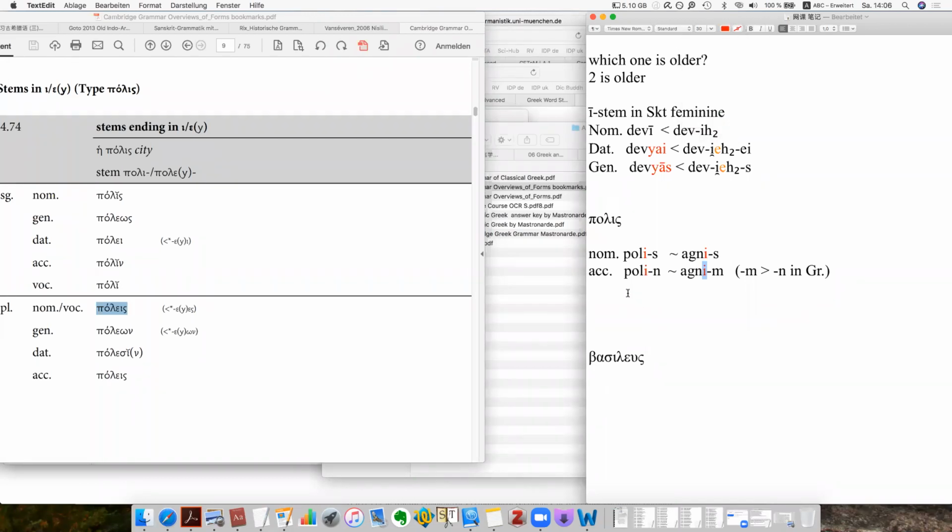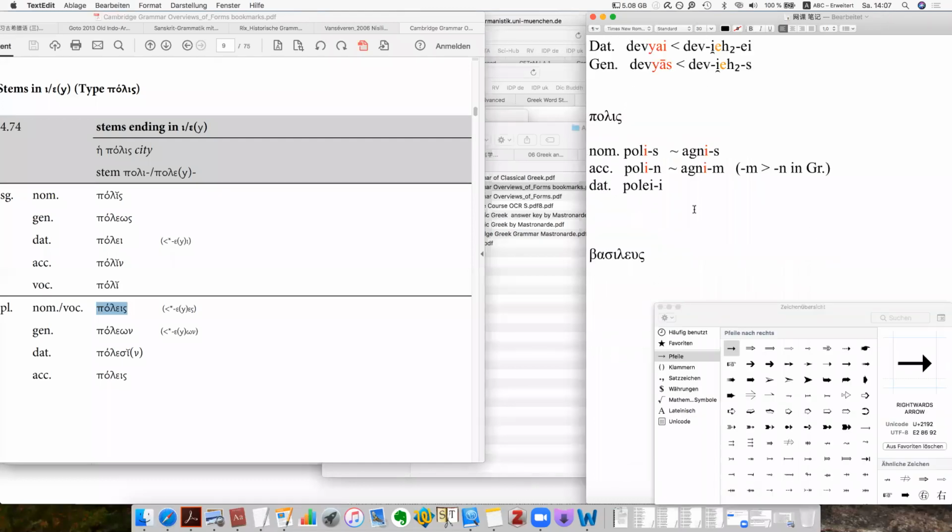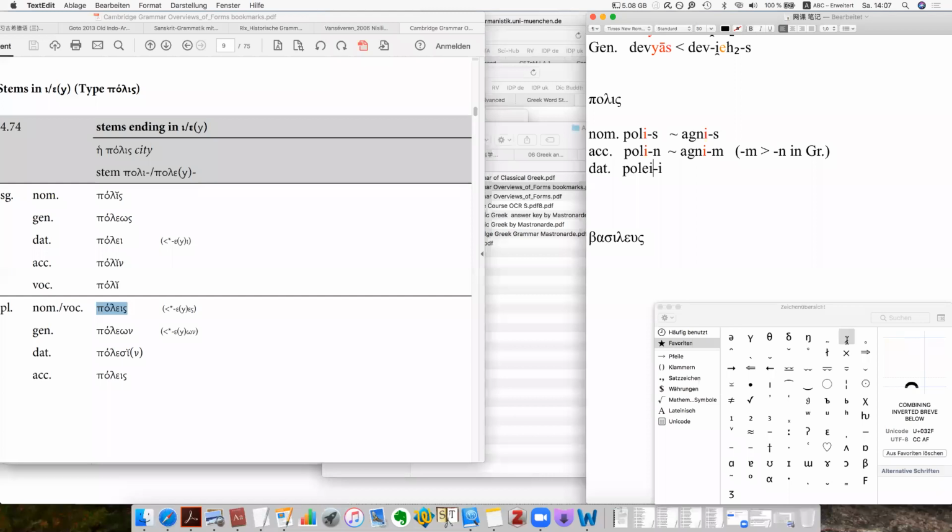But now comes something interesting, the dative. The dative is polei. How can we understand this? Polei actually goes back to polei. You can compare agnaye, but it's different.